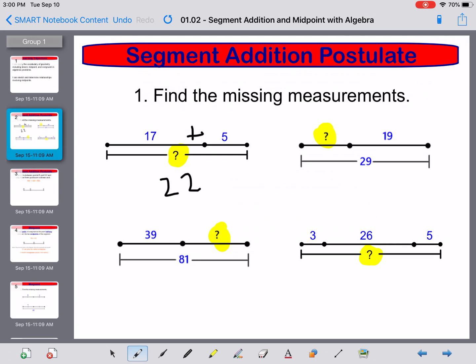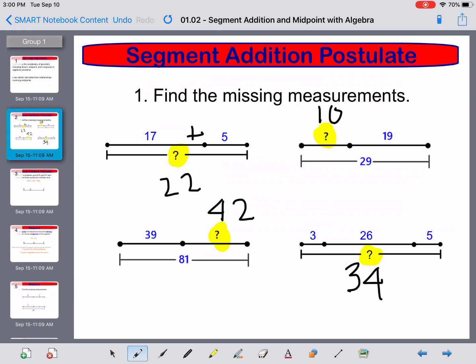If I want to find this, I'm really just subtracting 29 from 19, so I'll get 10. 81 and 39, I would end up with 42. Adding them together will give me the whole thing, and then when I add all of this together, I'll get 34. So all of those are the basics for segment addition. If you can do that, you've got the basics for that.